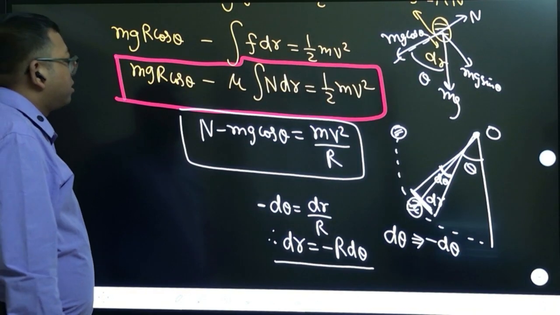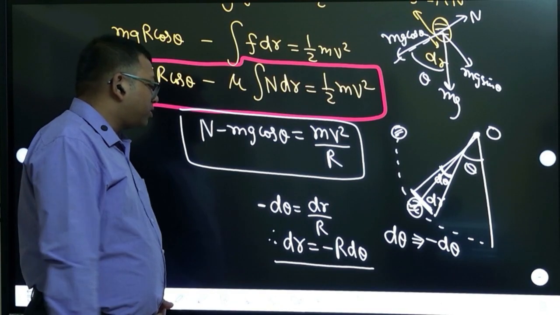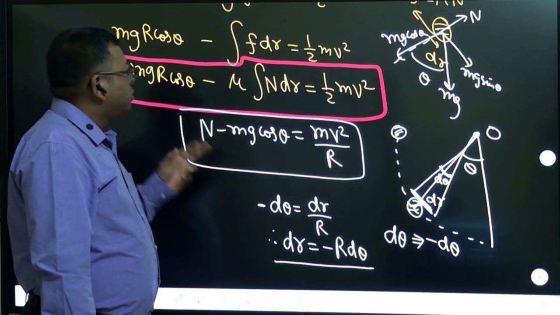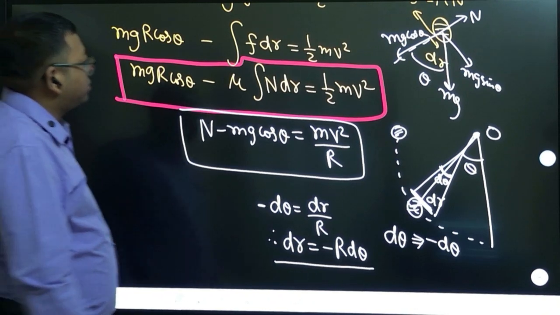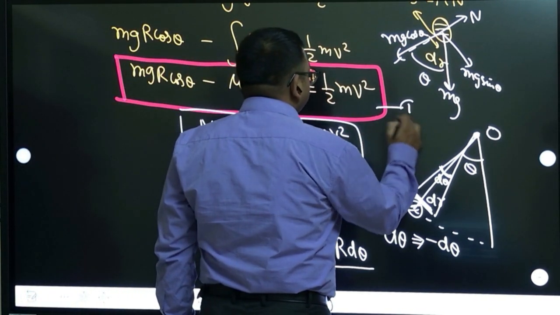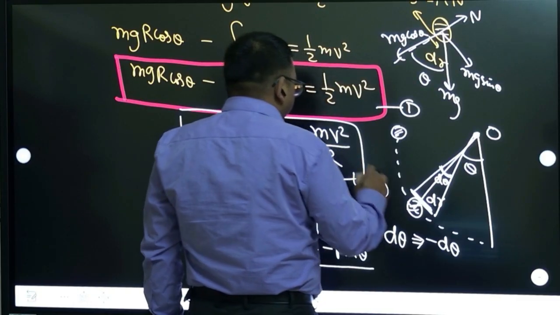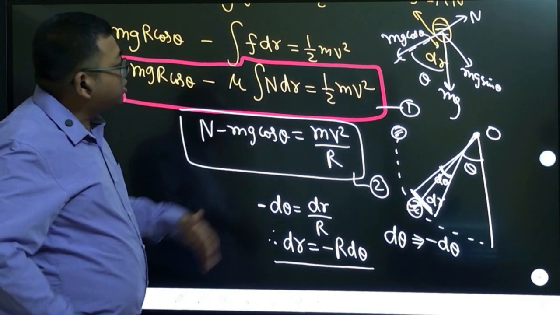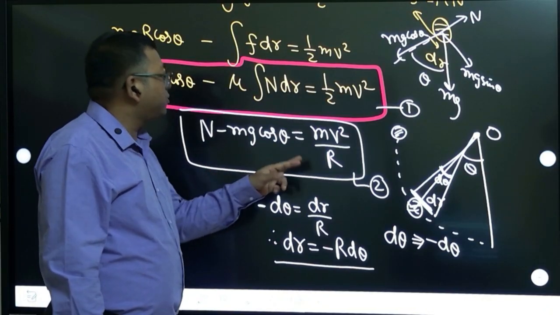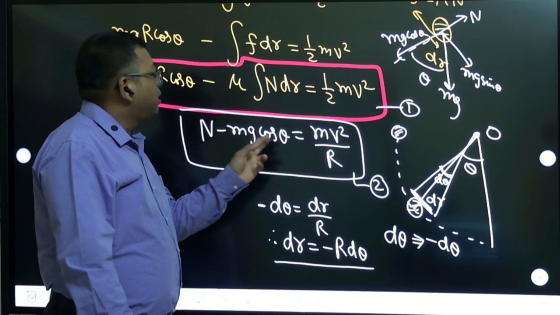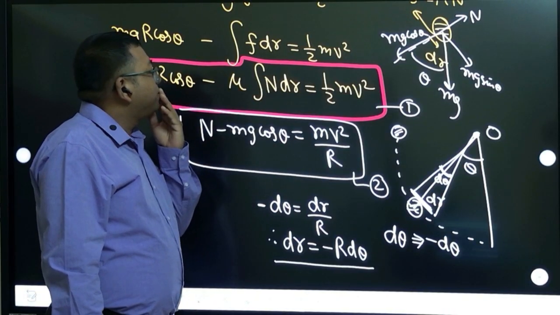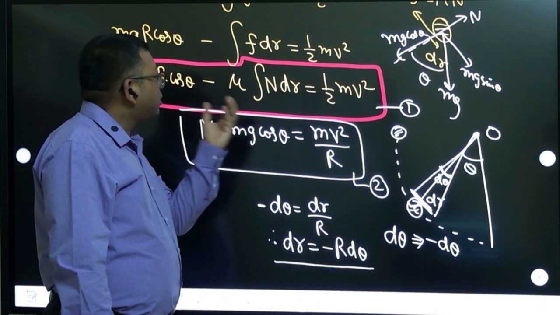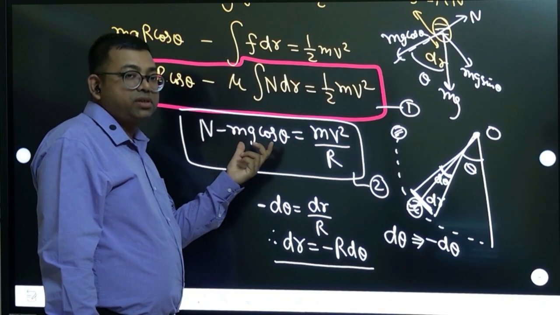Okay. Now, how to further solve this? So this equation which you are seeing, let us label this as first equation and this is second equation. The first equation is giving integration of n dr, and even if you substitute n here as mg cos theta plus mv square by r, you will not be able to take it out of integration.